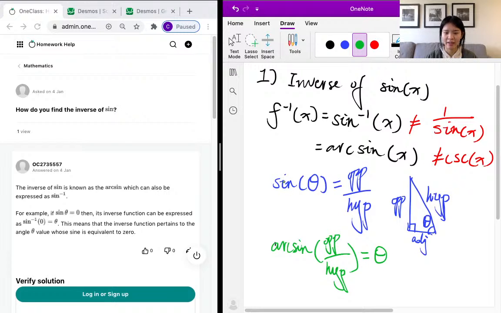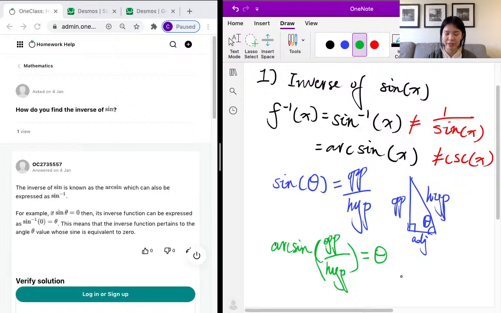When you're asked to find the sine of an angle, you would draw a triangle, find the opposite side and the hypotenuse side, and divide the opposite by the hypotenuse to get the value of sine of theta. As the inverse of the sine function, when you're asked to find the value of the arc sine function, you are usually given the ratio, the opposite side over the hypotenuse side, and you need to use this ratio to find the angle theta.